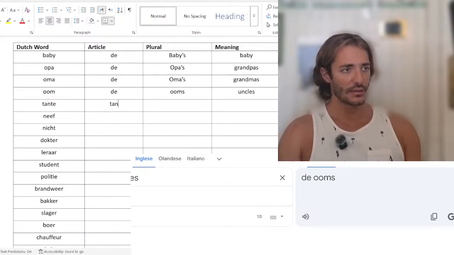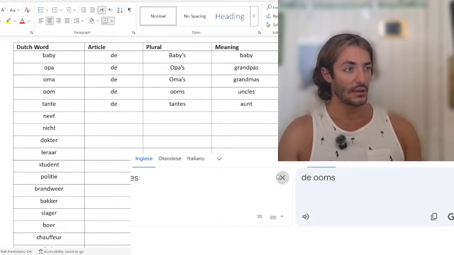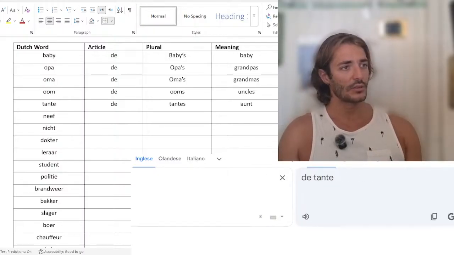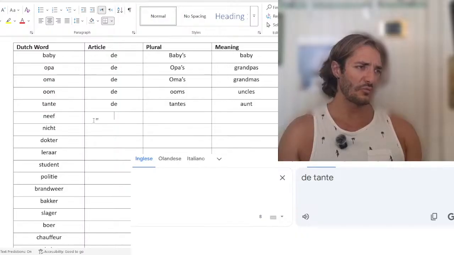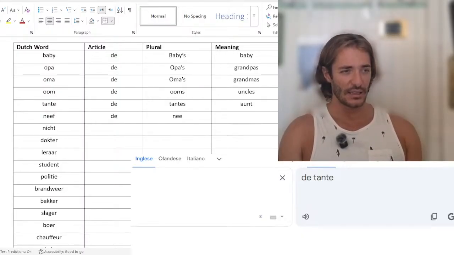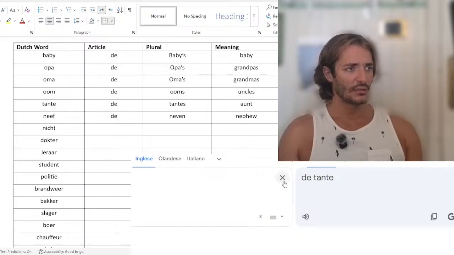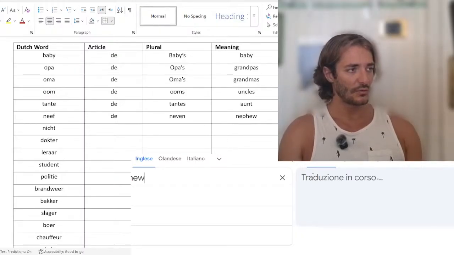Tante, tantes, the tantes. This is aunt. Let's see, the aunt, the tante, yeah. Neef, this is probably a nephew. De neven, maybe nephew or grandchild. Let's see, neef, the nephew.